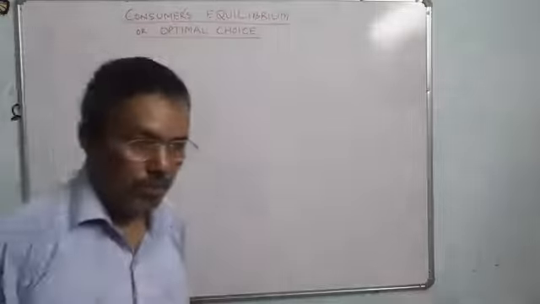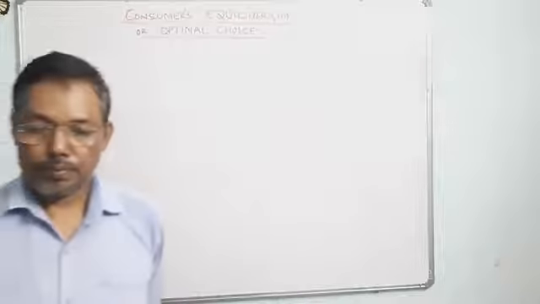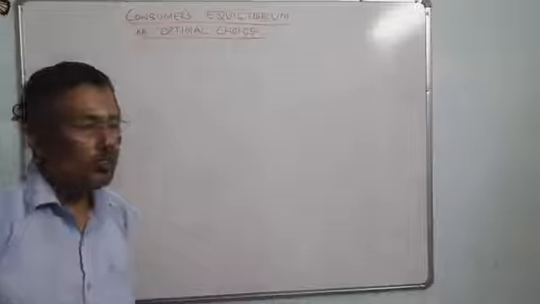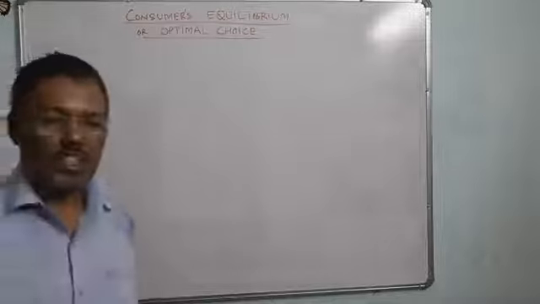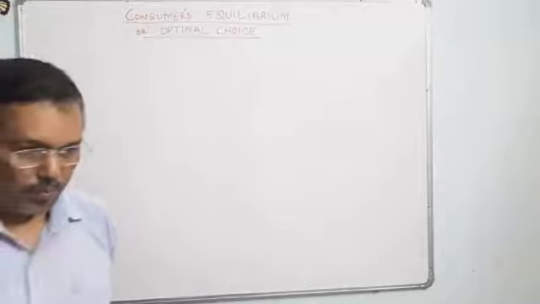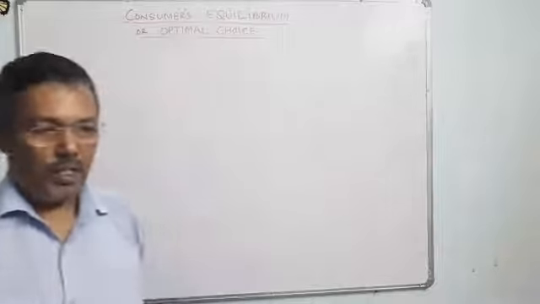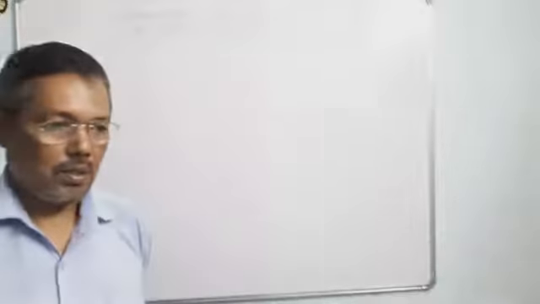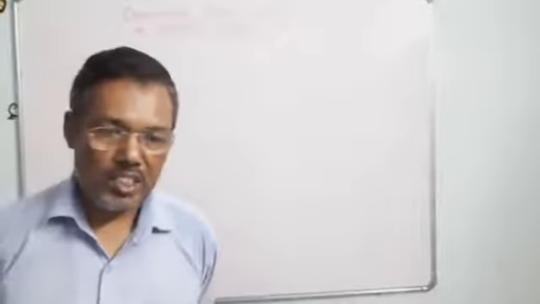Dear students, good morning. Today we will analyze consumer's equilibrium, or what is called optimal choice. Before we start consumer's equilibrium, we must know what an indifference curve is, what a budget line is, and what a budget constraint is.